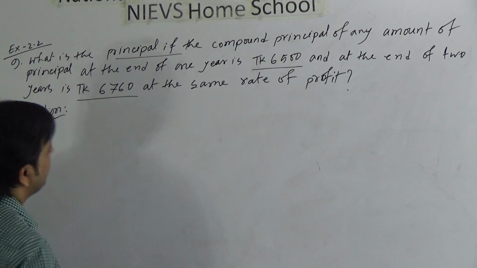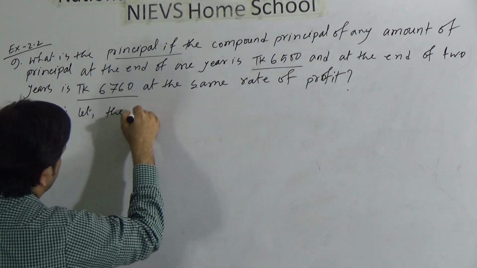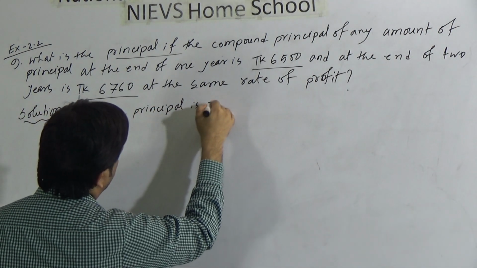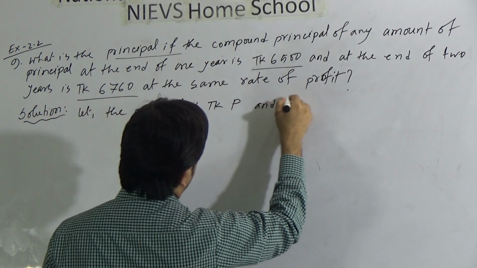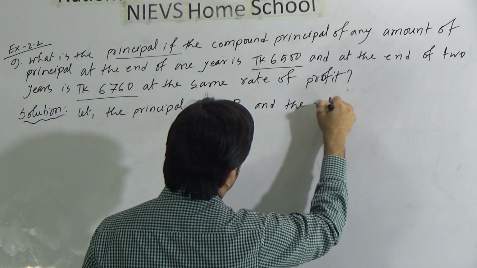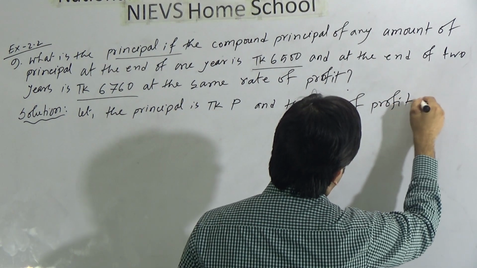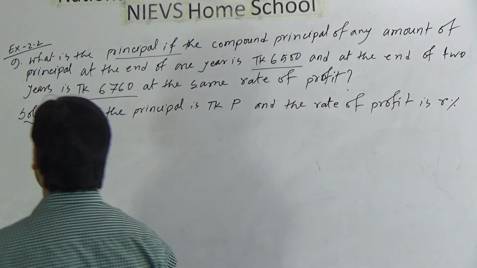Okay dear students, so we can write here, let the principal be taka P and the rate of profit be R%.